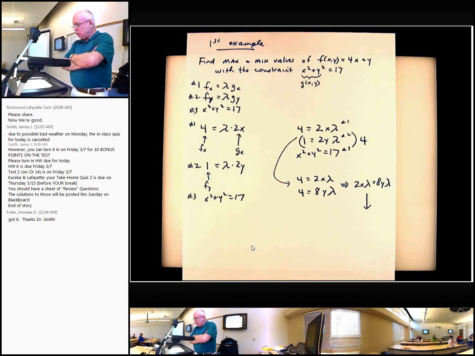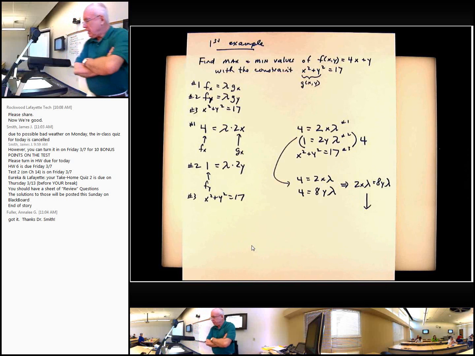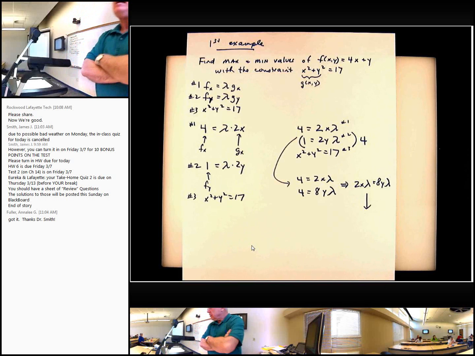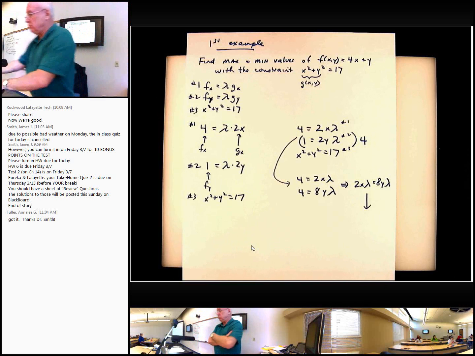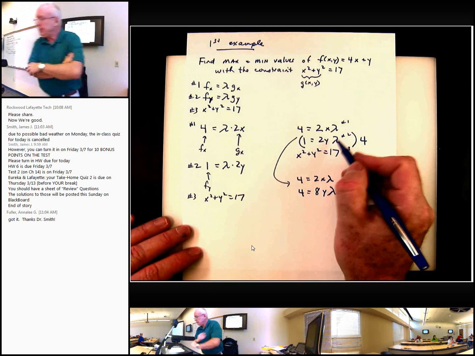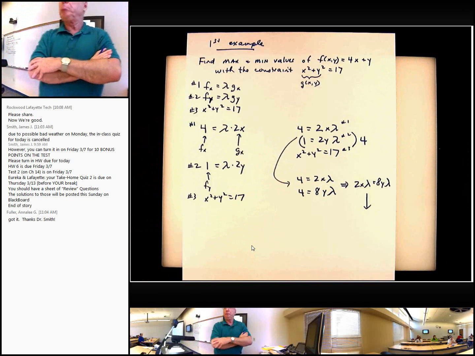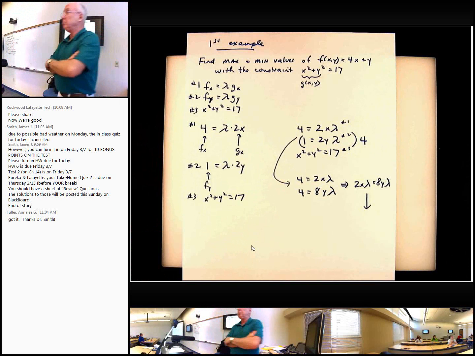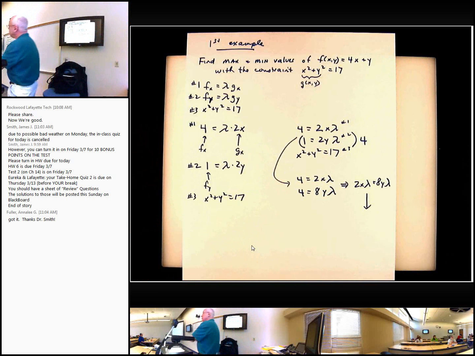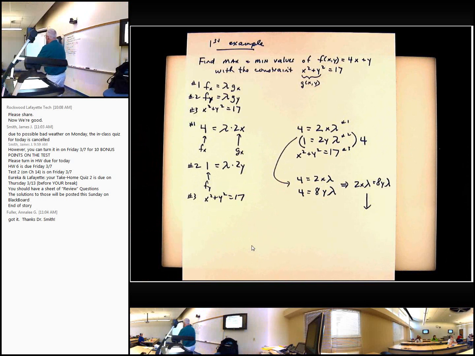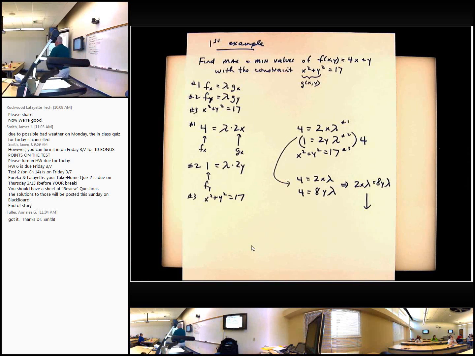I want to ask this question. Can lambda equal 0? Well, what happens with equation number 1 if we decide that lambda can equal 0?